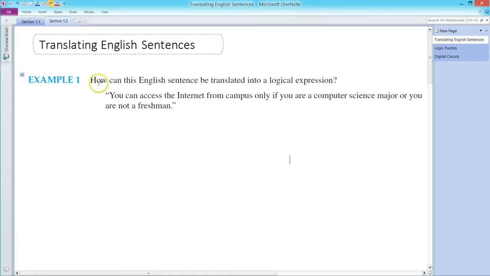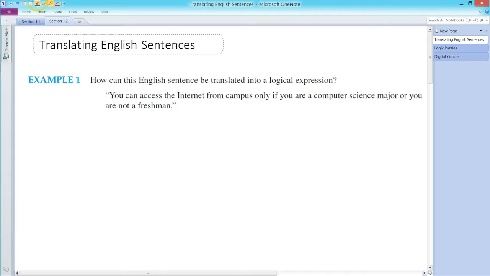Look at this example. The example says, how can this English sentence be translated into a logical expression? Let's look at the sentence. The sentence says, you can access the internet from campus only if you are a computer science major or you are not a freshman. So the first thing we'll do is start to break this down.